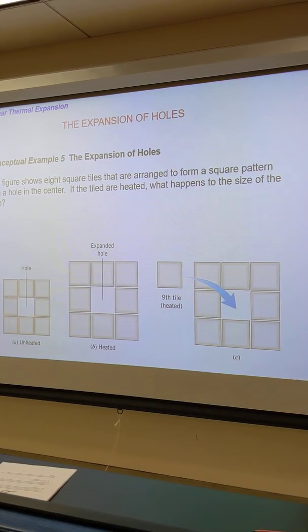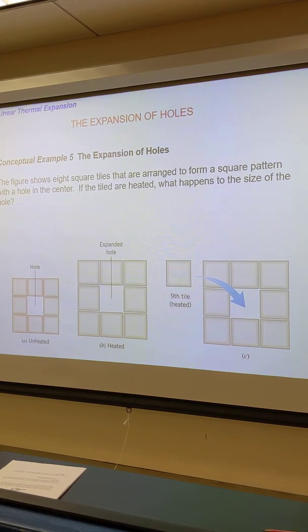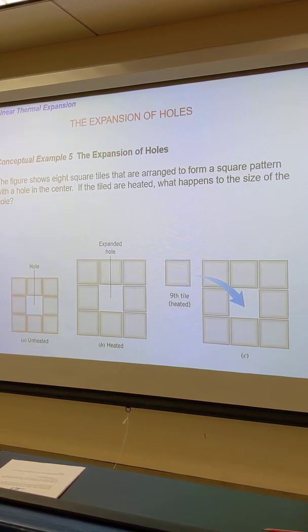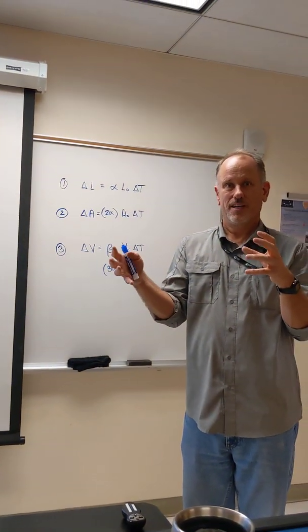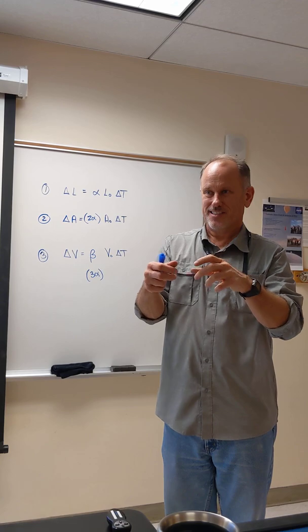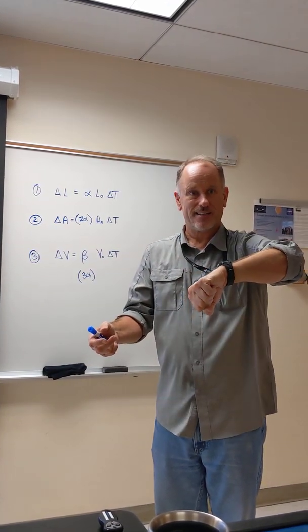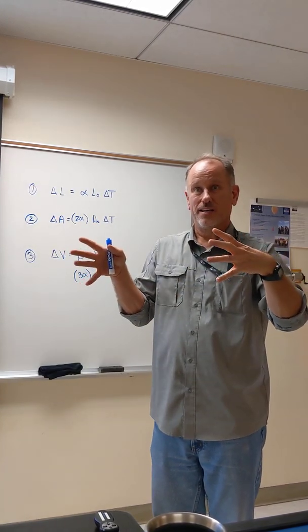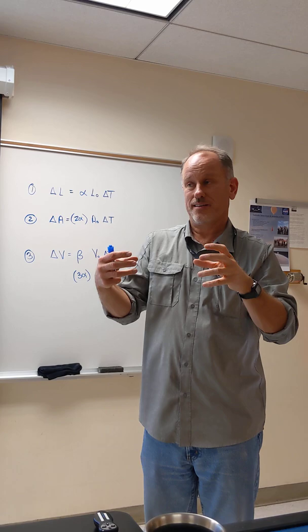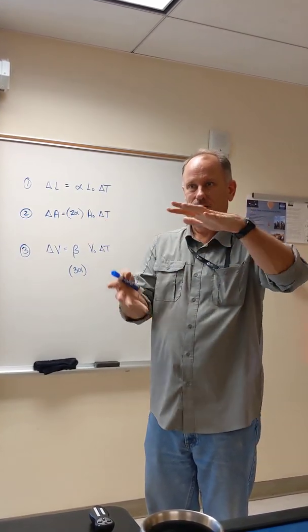So think about the aluminum radiator. The aluminum radiator is clearly not a solid. It's empty, right? It's a shell of aluminum, and we put radiator fluid in it. But it expands outward when it heats up, as if it were a solid piece of aluminum.